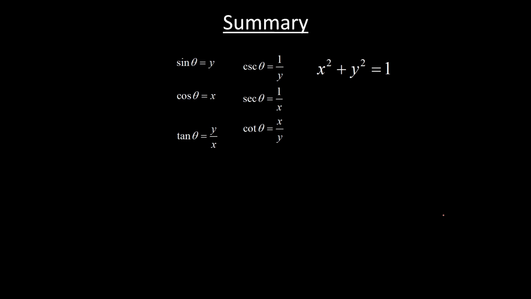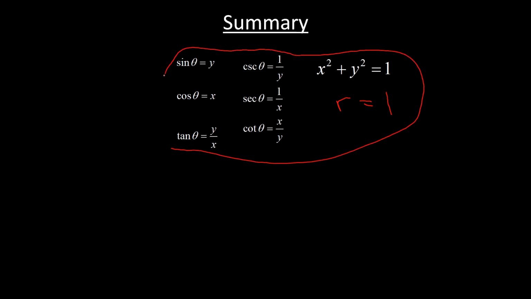And then we took that idea and we put it on a coordinate system. And on that coordinate system, we could start talking about x, y's, and r's. And so our trig functions evolved then into now having these ratios that are of x, y, and r. And for today, we simply looked at the unit circle where r equals 1. And these were the relations then we get when r equals 1.